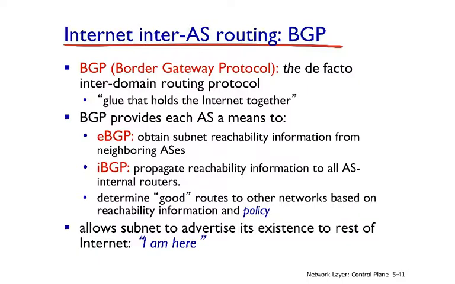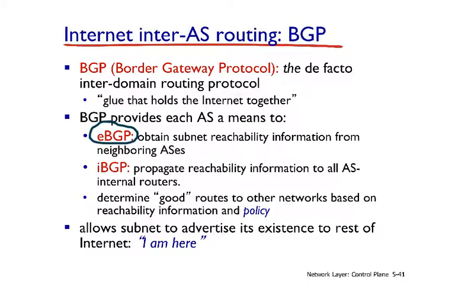BGP is thought to be used in terms of sessions. We have two possibilities. The first one is a session called exterior BGP, eBGP. The idea is to know the reachability of destination networks, destination ASes, autonomous systems, and provide this information to other domains.